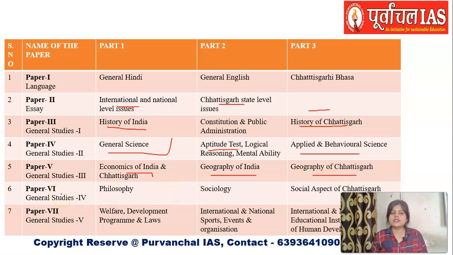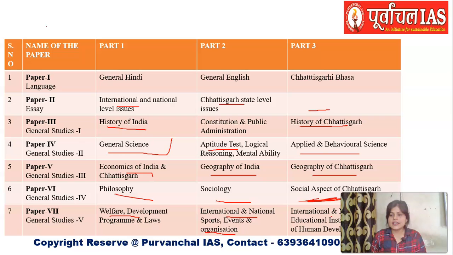In paper 6, that is GS4, you have subjects like philosophy as part 1, sociology as part 2, social aspects as part 3. Social aspects of Chhattisgarh specially. Please remember that. Then in paper 7, one part is about welfare and development. The second part is about international and national sports events and organizations.